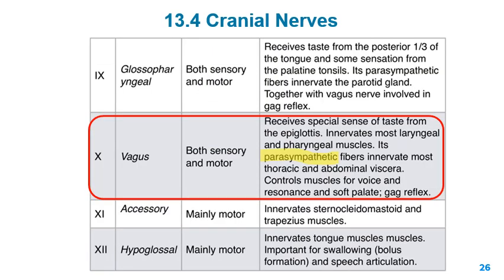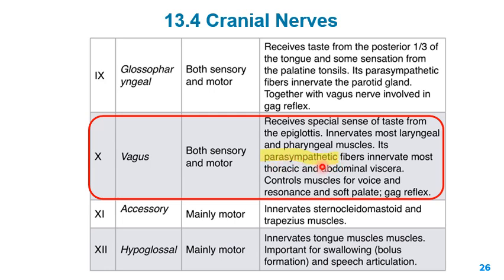Okay, besides those, you should definitely know cranial nerve number 10, right? That is your vagus nerve. It's the only nerve that is going to come out of the head and go to the rest of the body. It's very, very important for parasympathetic fibers, okay?